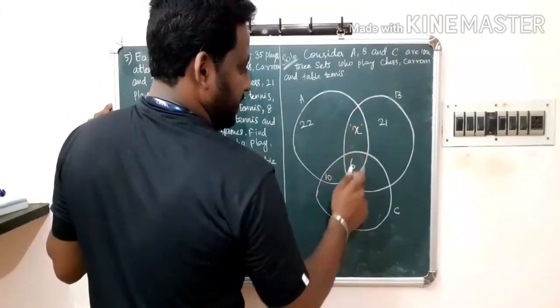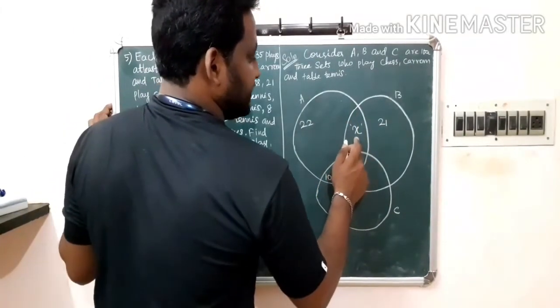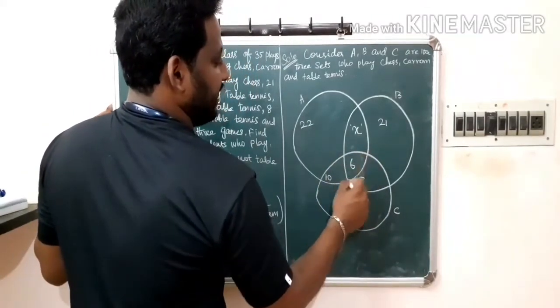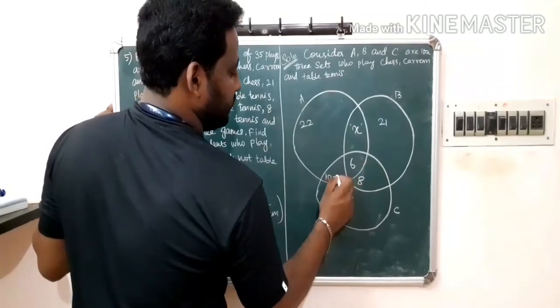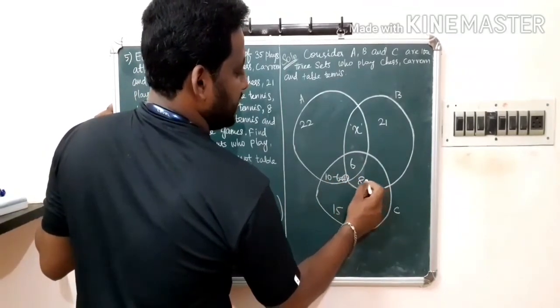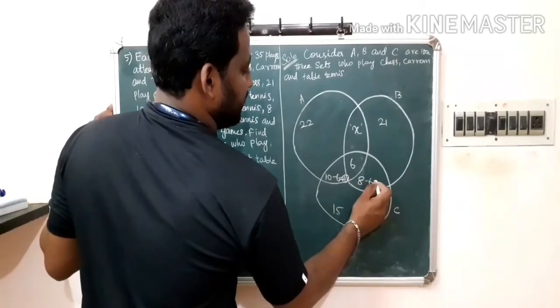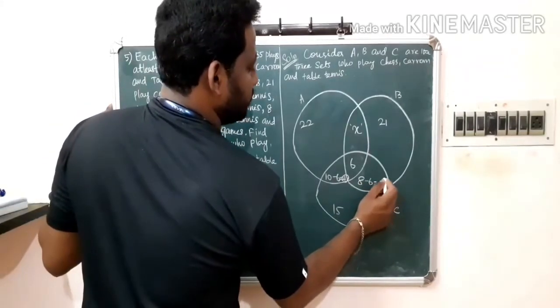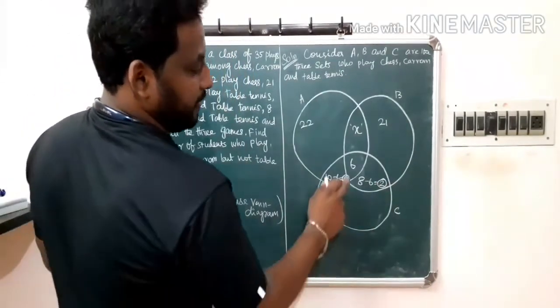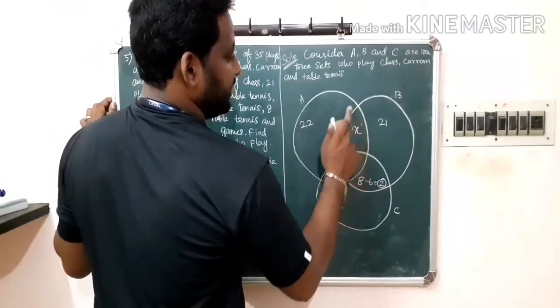So the whole part is x, and then x minus 6. What is that x minus 6? We subtract the value 6 from all those values. So 10 minus 6 is equal to 4. 8 minus 6 is equal to 2. Okay. And then this part alone is taken as x.